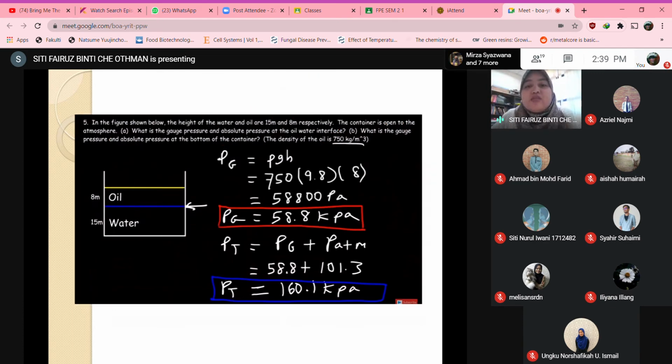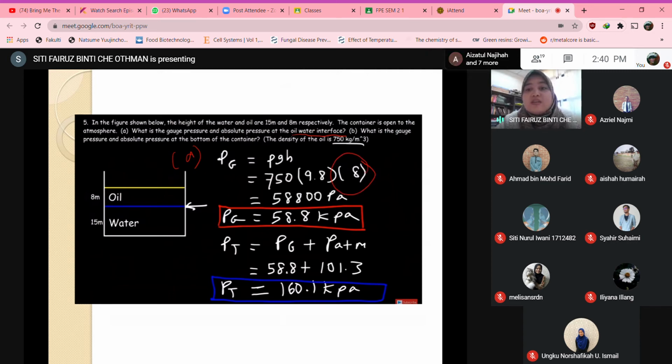The first thing they need to do is find the pressure for each of these particular constituents, for this one it is for oil. Yeah, I think it's for oil because it's 8 meter. Okay, so I think they are solving for A. What is the gauge pressure of the oil-water interface? The first thing you need to do is, I think they calculate for oil first, the oil-water interface.